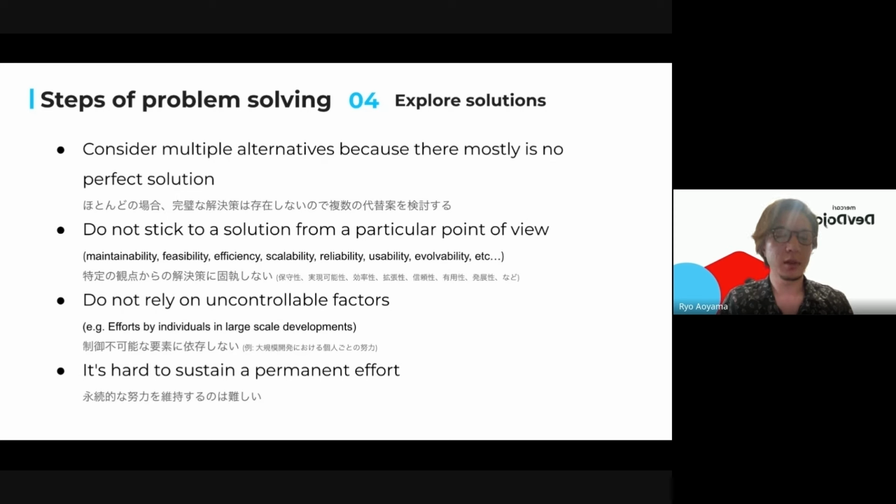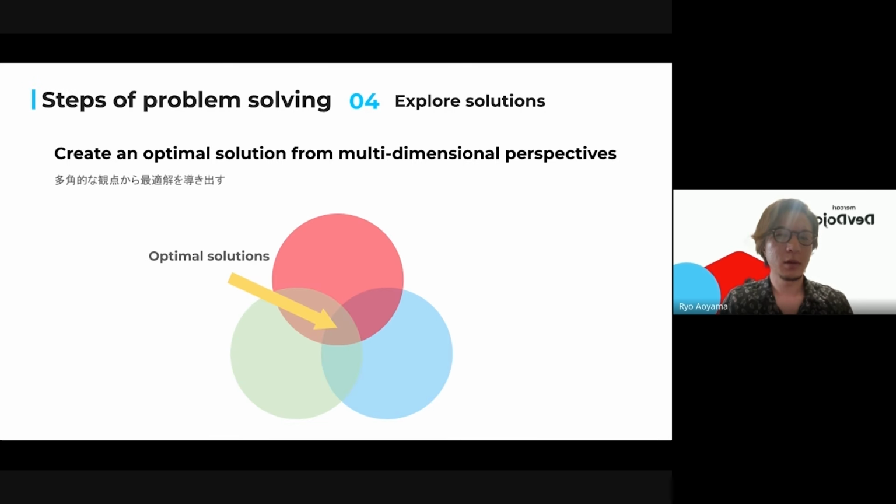So if possible, it is better to solve the problem by making changes to the system. And also, I think we'll be able to reach an optimal solution by having multi-dimensional perspectives. So just like doing a brainstorming, it is very effective to come up with various ideas in the process.